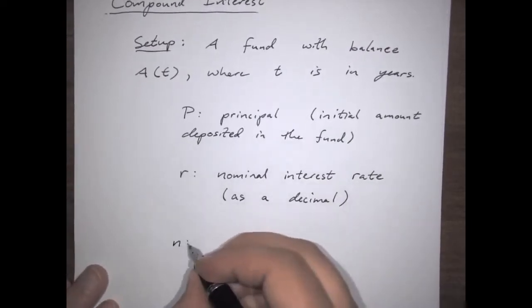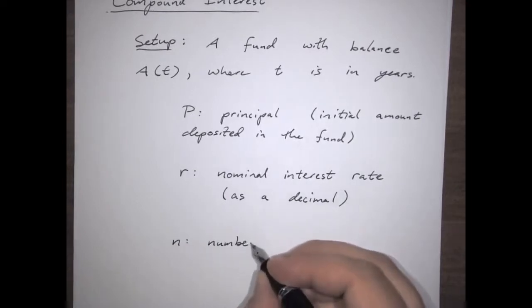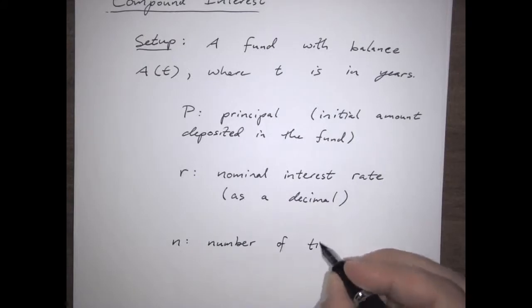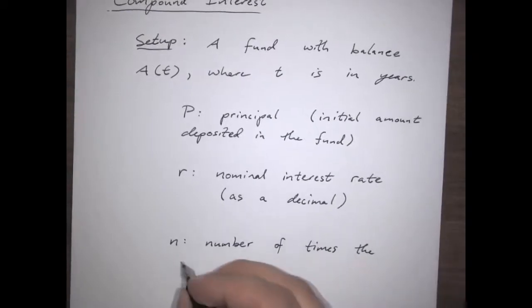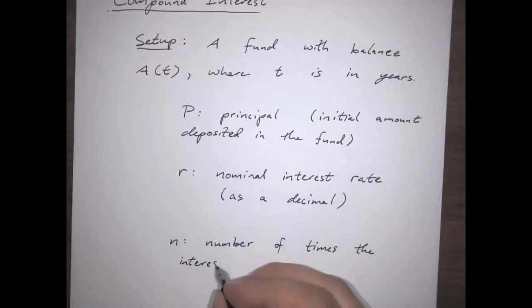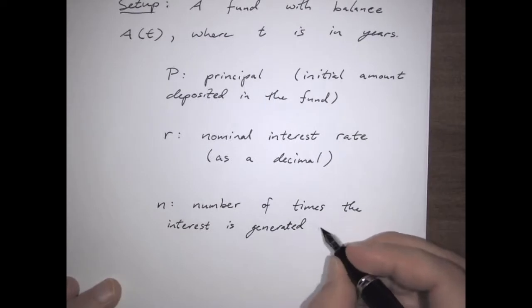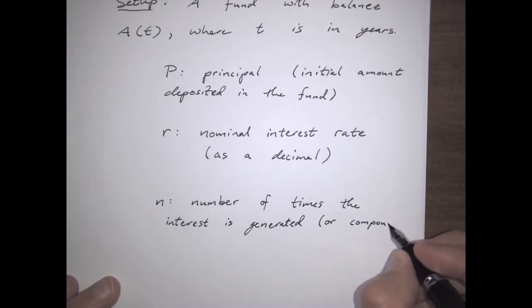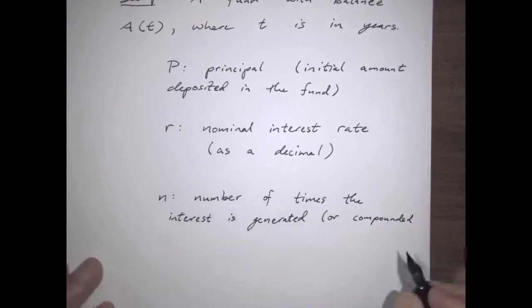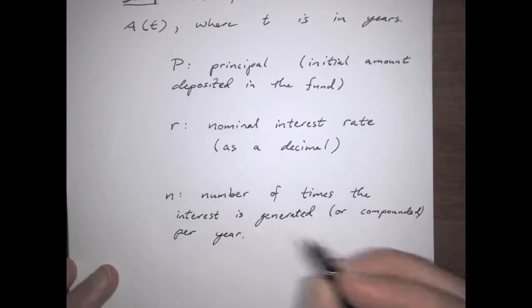And then N represents the number of times the interest is generated or compounded per year.